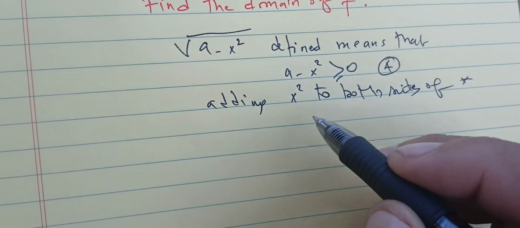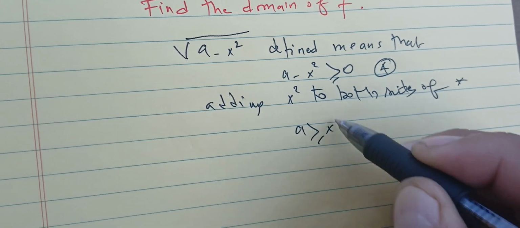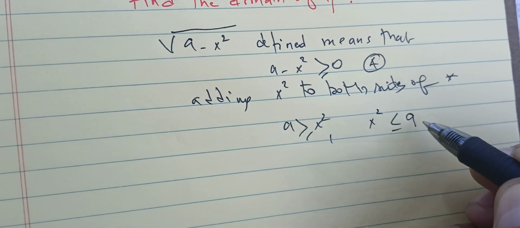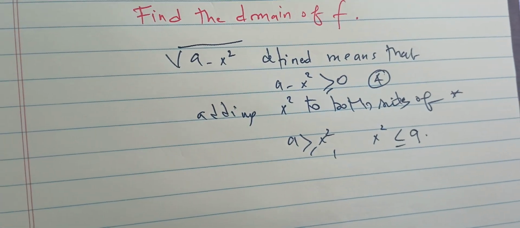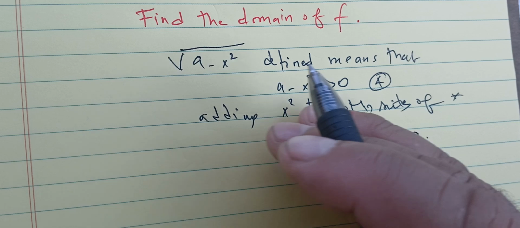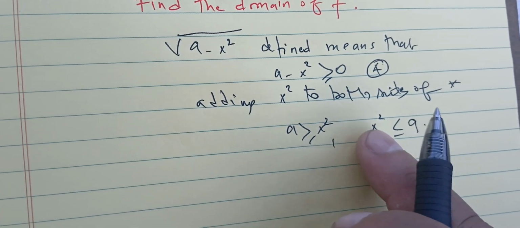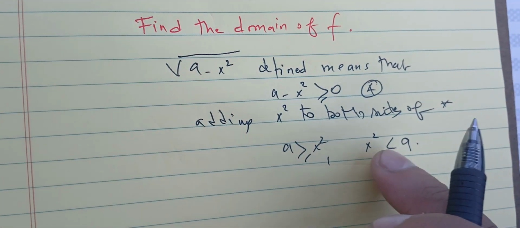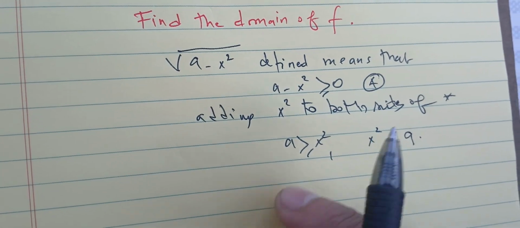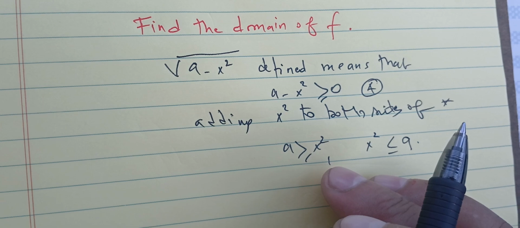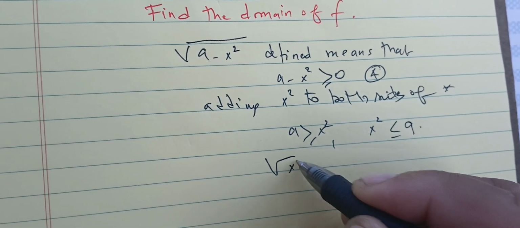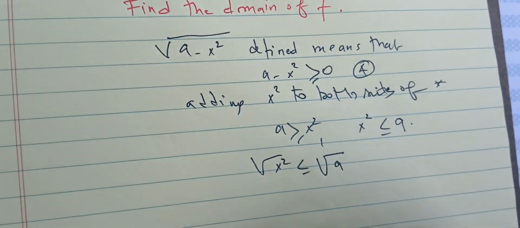we're going to have 9 bigger than x squared, but we are used to writing x squared less than 9. In our case, this is a positive number. X squared is always positive for any value of x. So when I take the square root, which is an increasing function, I'm going to have the square root of x squared less than the square root of 9.